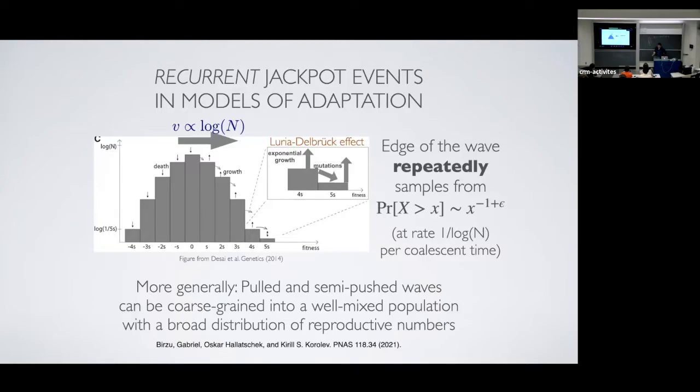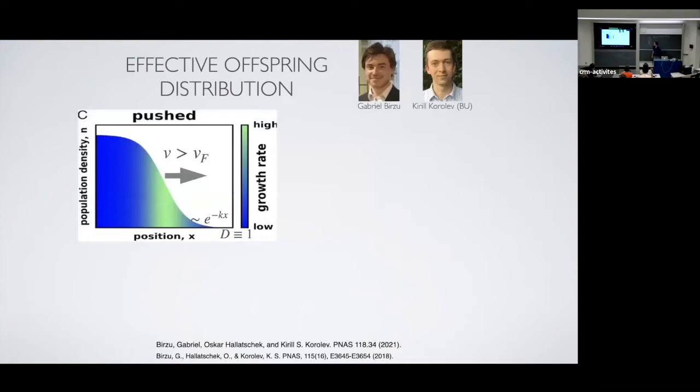So in this paper with Gabriel, Berzou, and Kirill, we focused in particular on what we called semi-pushed waves. Let's think about pushed waves for now. In pushed waves, we have a wavefront, and the characteristic is that the growth rate in the foot of the wave is not the largest one.